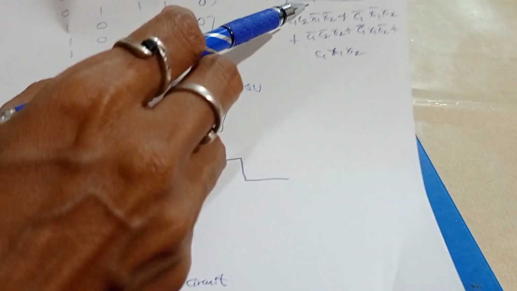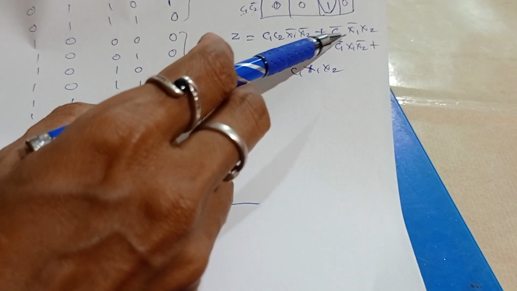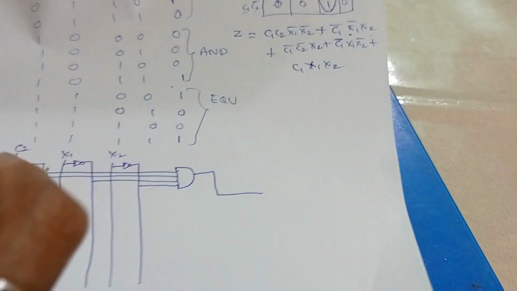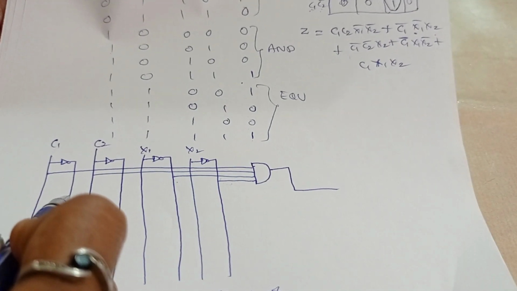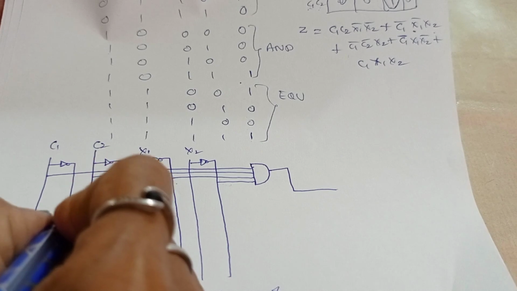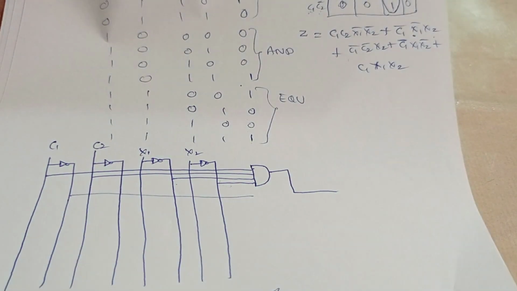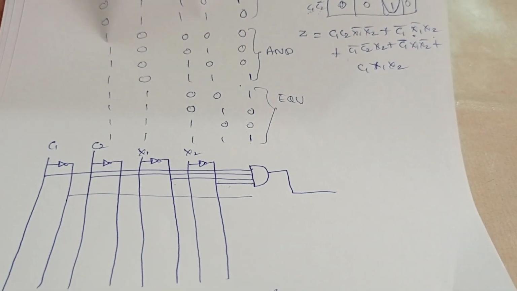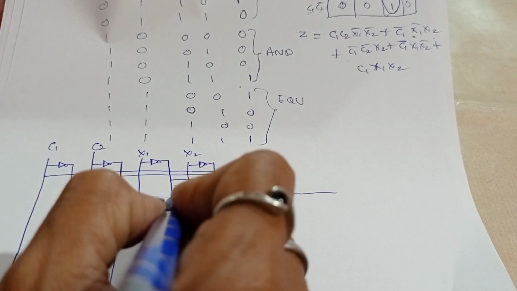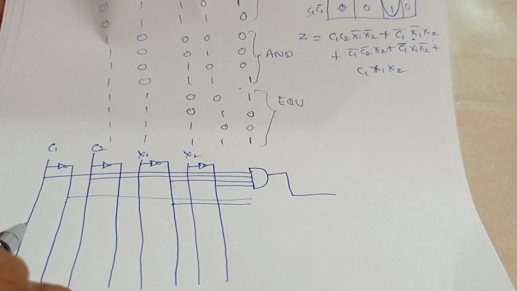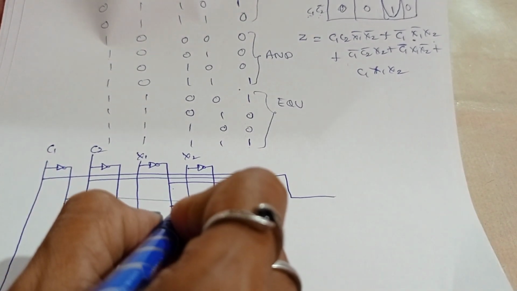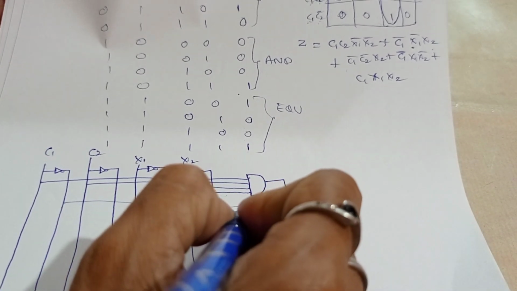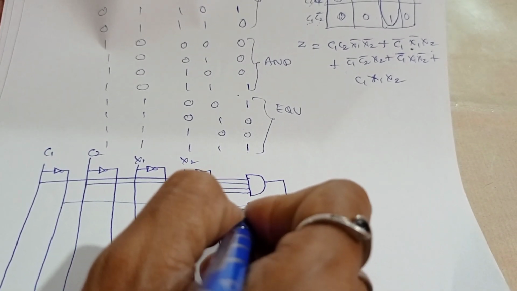Next, C1 bar, X1 bar, X2. So from C1 NOT, and next X1 bar, so X1 NOT again. Next X2 direct input, and connect it to an AND gate.